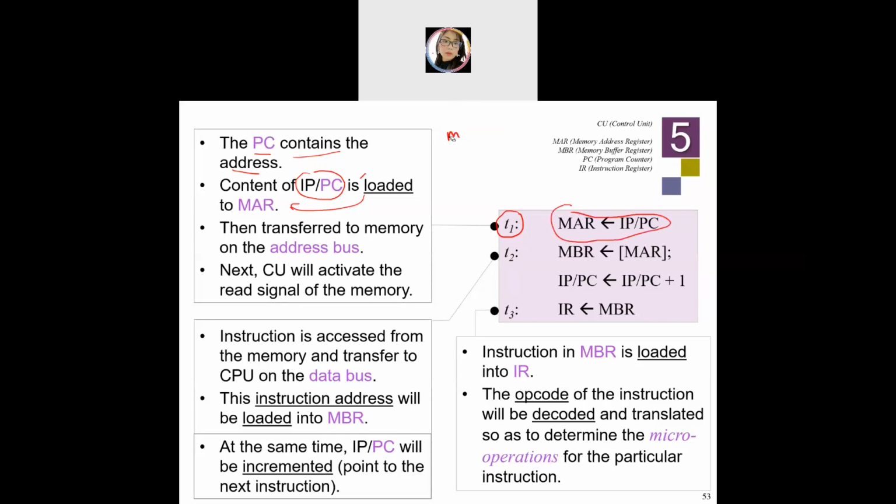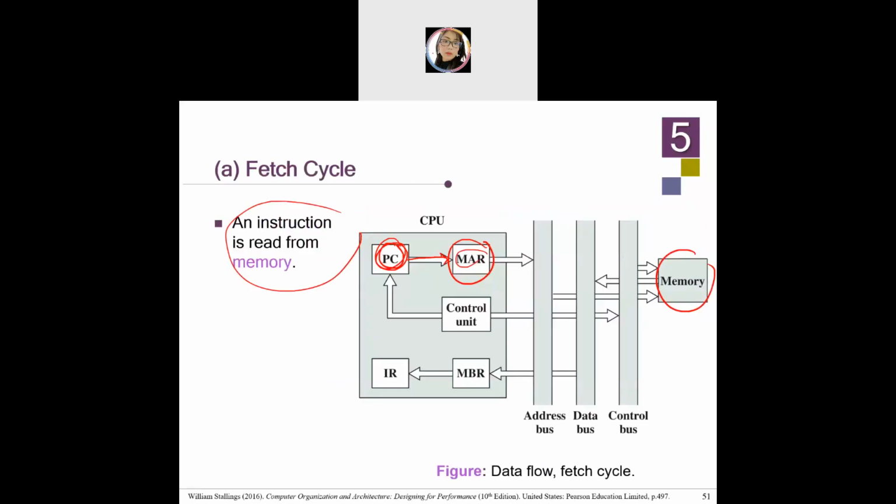What else do you have? Next, under T1 here, you still try to fetch data from the instruction. Then you're going to transfer to your memory on the address bus. So here, PC is equivalent to MAR. It's going to go to the address bus and next to the memory.